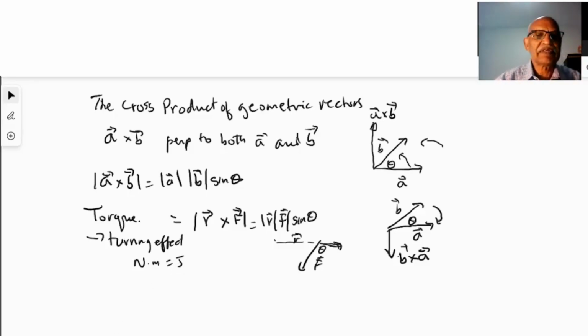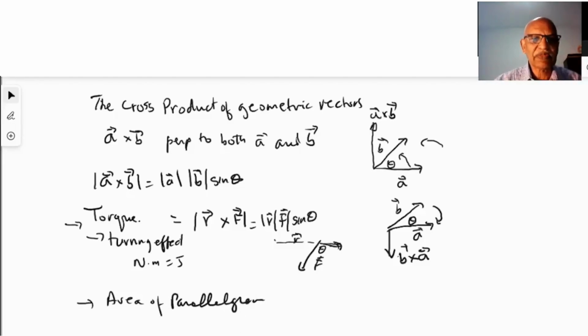So another typical application would be area of parallelogram.